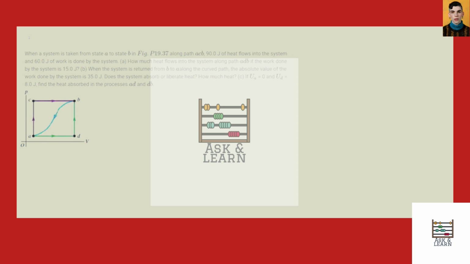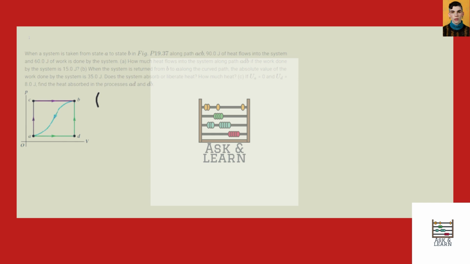All right. For this problem, we have three paths. For the path ACB, we know the heat is 90 joules, and we know the work done by the system is 60 joules.